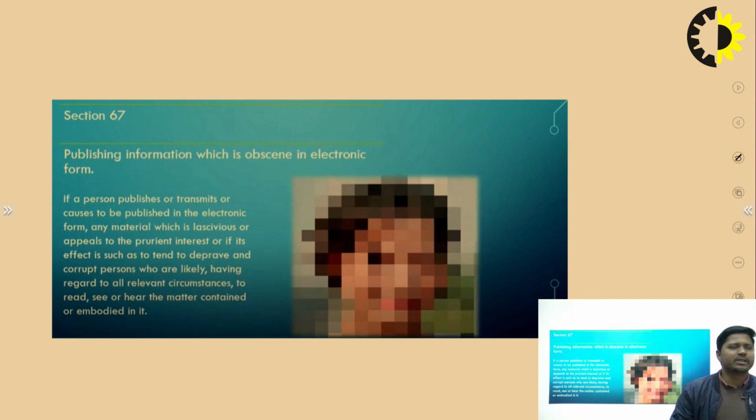Next is Section 67, which covers publishing information which is obscene in electronic form.